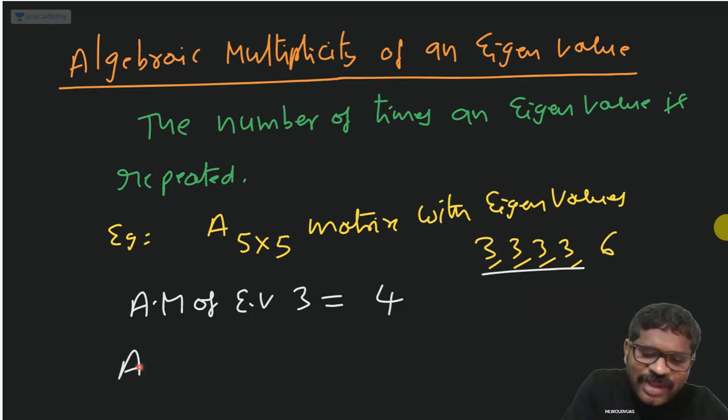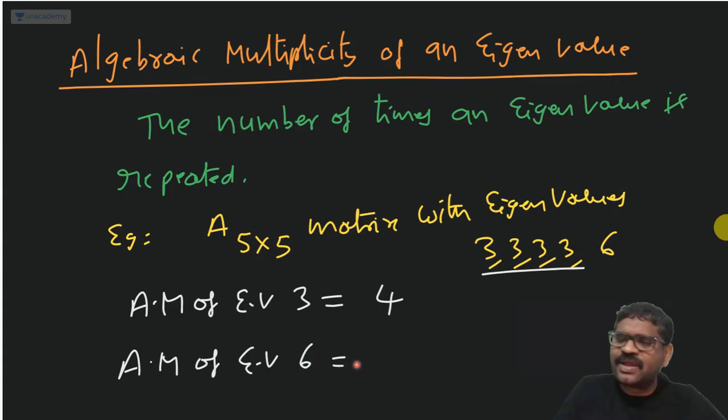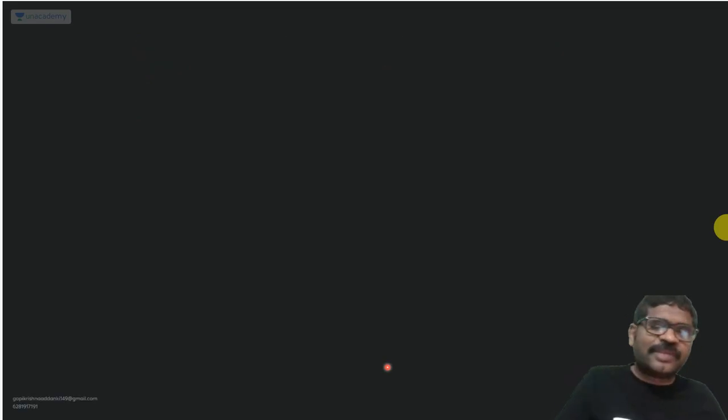What is the algebraic multiplicity of eigenvalue 6? Only 1. Understood? Next, geometric multiplicity.